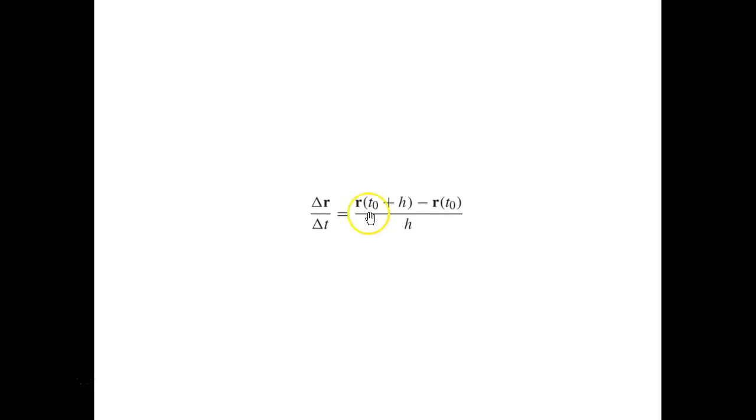Now, what they're saying here is, if you haven't noticed it yet, when you write it in Leibniz notation, dr dt, the independent variable is always a scalar.